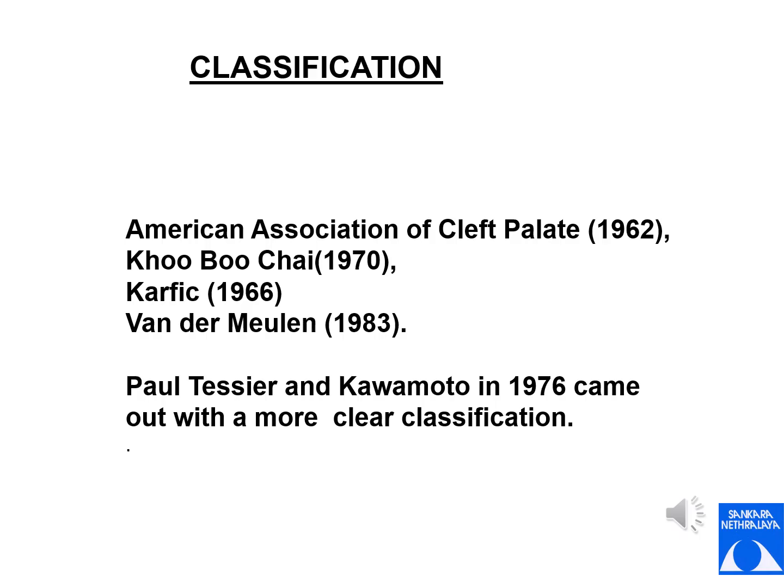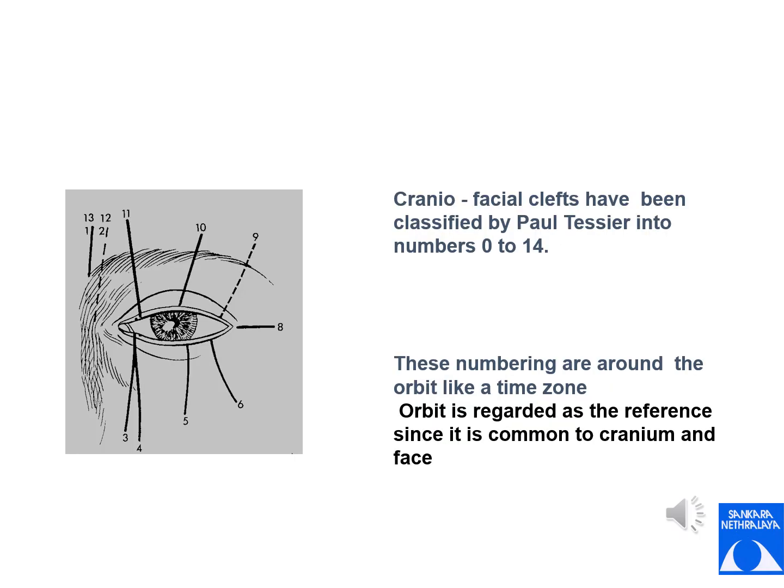Classifications are many, but Paul Tessier and Kawamoto in 1976 came out with a clearer classification. Craniofacial clefts have been classified by Paul Tessier into numbers 0 to 14. These numberings are around the orbit like a time zone.